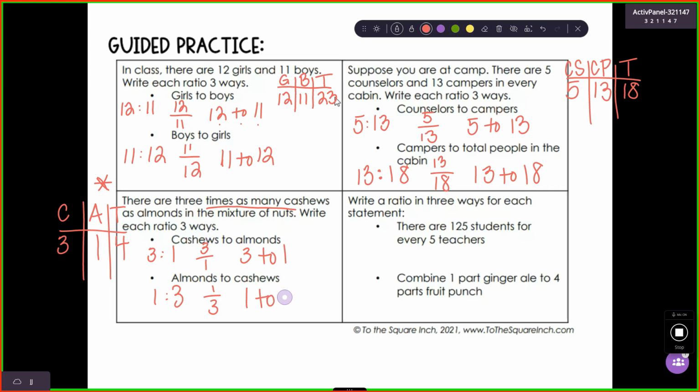Now, does everybody understand what you're expected to do on these types of problems? Because for homework tonight, if you look at the rest of the page, 1 through 8, that's your homework. Are you going to have time to do it in class today? Yes, ma'am. Now, let's do our last one together so you make sure you're paying attention.